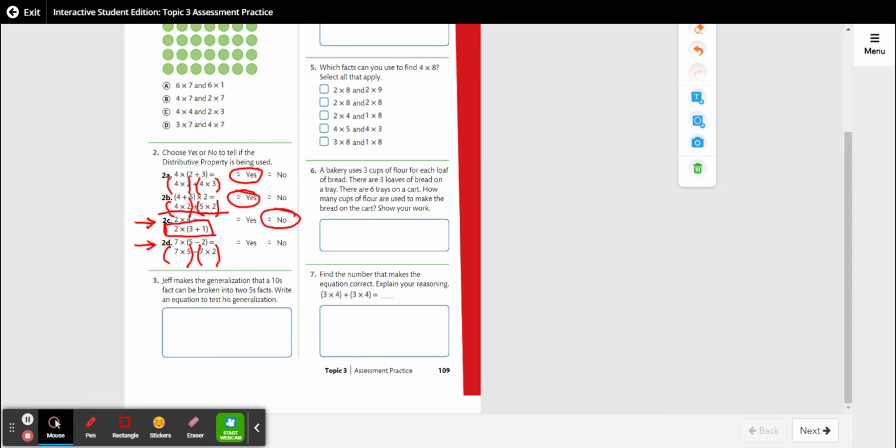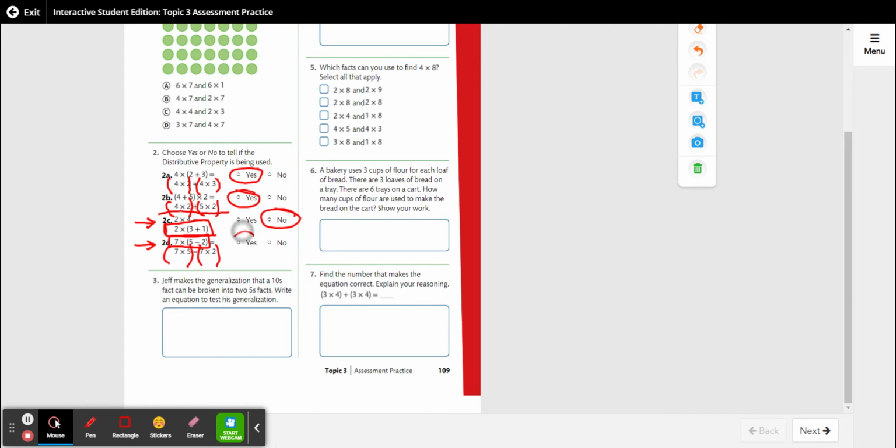Now, I know that this looks pretty unfamiliar because we haven't used a lot of subtraction when we've been doing our multiplication and practicing the distributive property. But the question to ask yourself here is, has this first multiplication fact, 7 times 5 minus 2, been broken into two other multiplication facts?